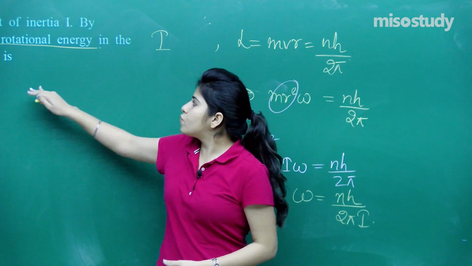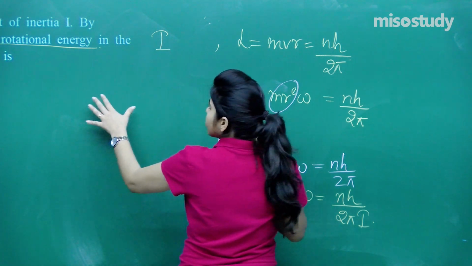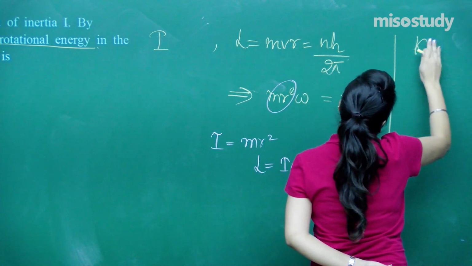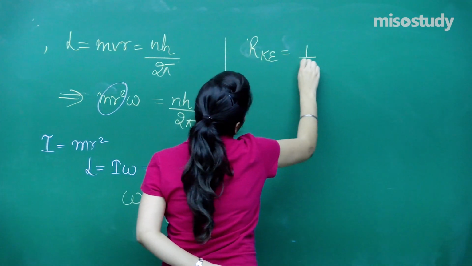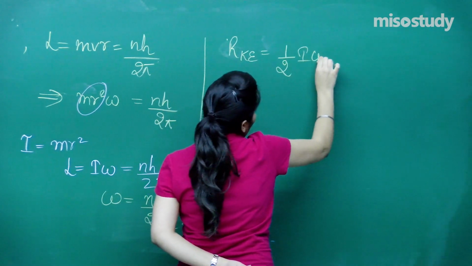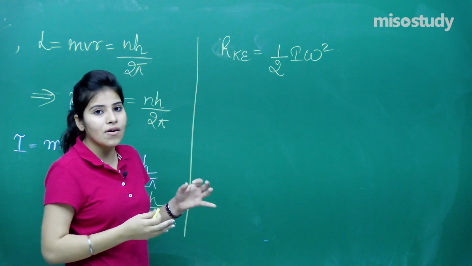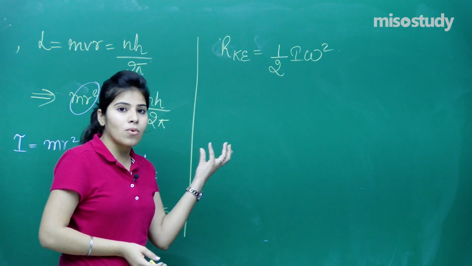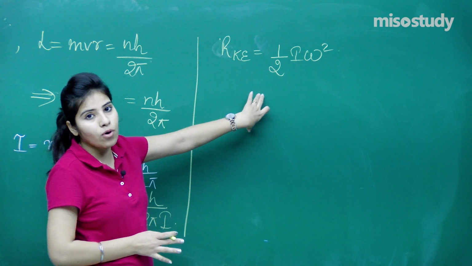Now because I have to find the rotational energy, I know that the formula for rotational kinetic energy is half I omega square. Again, if you start with half mv square and put the angular velocity in that, you will have this same formula.